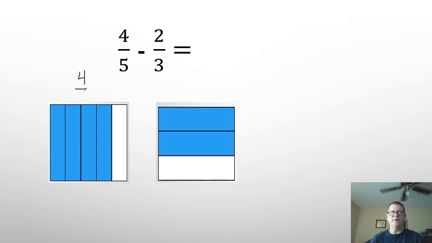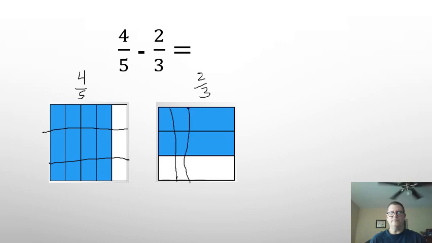Okay, here's 4/5, 2/3. And we're going to take our thirds into our fifths. And we're going to take our fifths into our thirds. There's 1, 2, 3, 4, 5. Now, on our equivalent fraction here, we can see that we have 1, 2, 3, 4 by 3 for the shaded, so that's 12. And we have a 5 by 3, so it's a total of 15, so 12 out of 15 shaded.